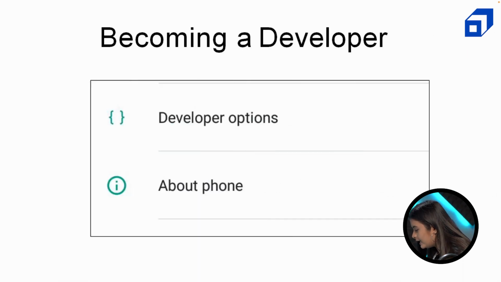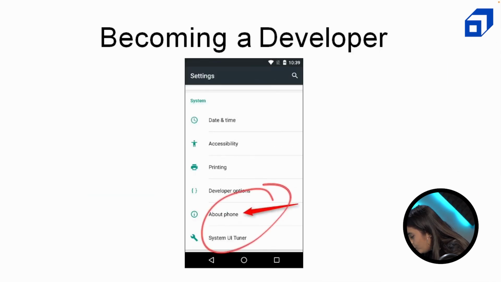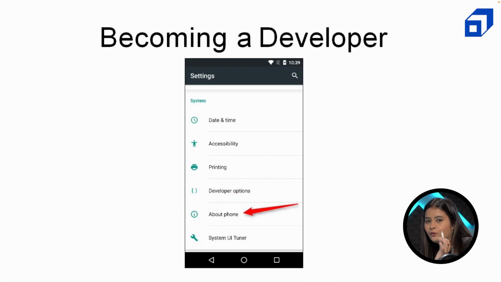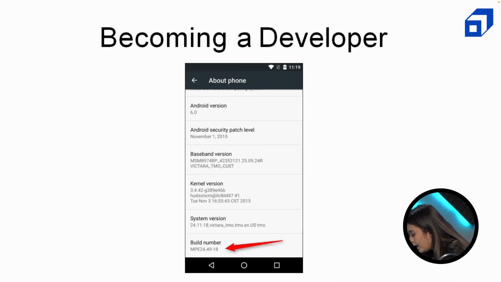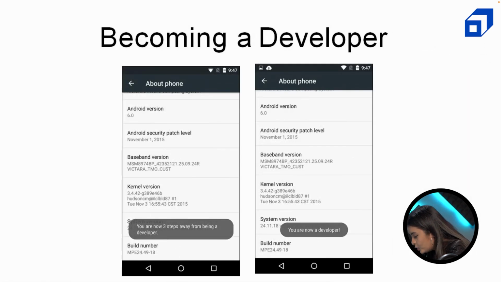Let's move ahead and discuss if you want to use your Android phone as the testing point. So you have to enable the developer option. To become a developer, you have to click on about phone. In the settings you will get the about phone option, and after that you have to click on build number 7 times. It will show you a toast pop-up that you are now a developer.